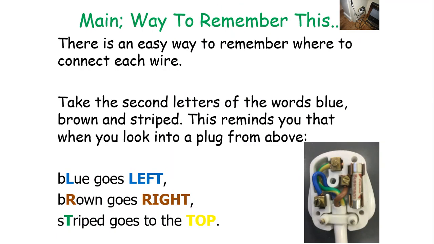There's an easy way to remember where each wire goes, and it's the second letter of the colour. So blue, BL, goes to the left-hand side, brown, BR, goes to the right-hand side, and striped, ST, goes to the top. So you can work out your configuration from remembering the colours.